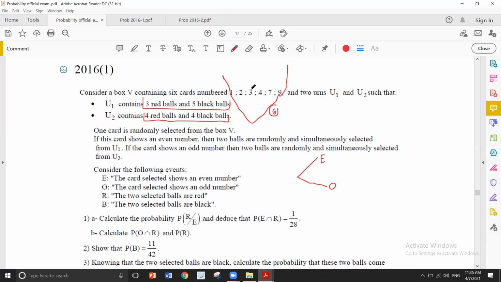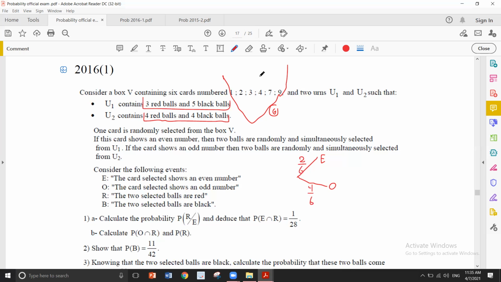Chris, what is the probability to get an even number from V? We have 2 even cards, so P of even is 2 over 6. To be odd, how much? 4 over 6. Their sum should be 1.